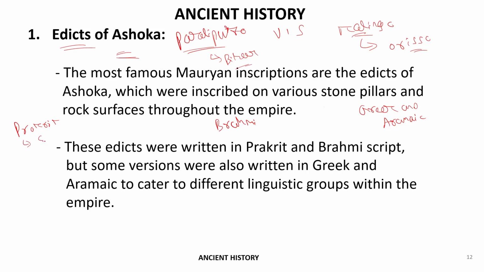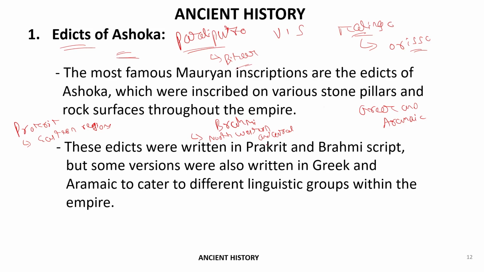Prakrit was basically for Eastern regions, because Prakrit was the language of people in eastern areas of India at that time. So that's why he used the Prakrit language. Brahmi was basically for central and northwestern regions.